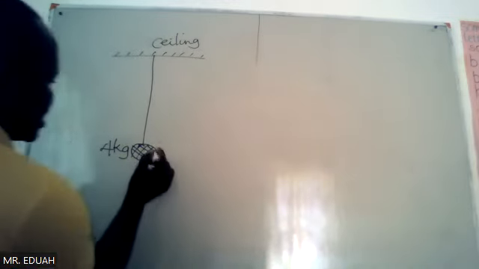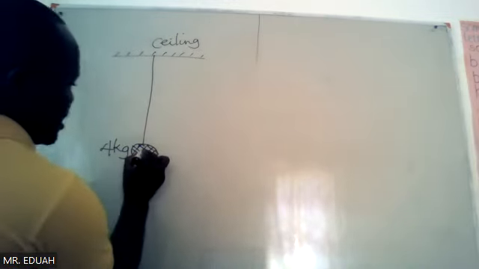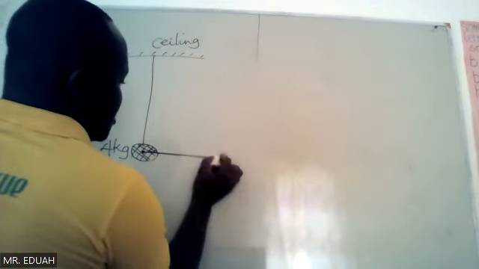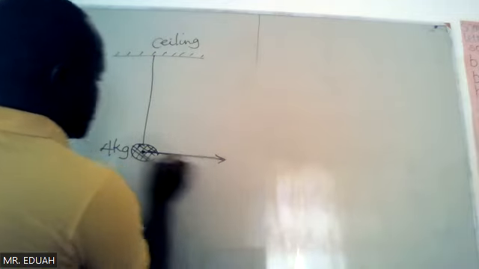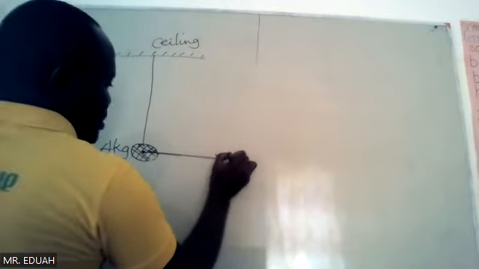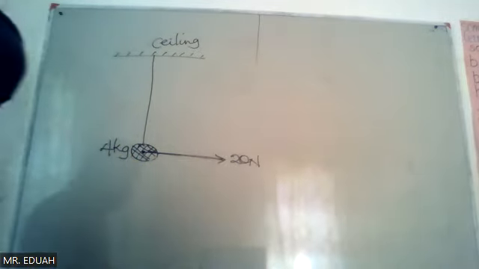So we have a horizontal force pulling the mass, drawn as a horizontal vector. So 20 Newton is that horizontal force pulling the mass until the equilibrium position is reached.